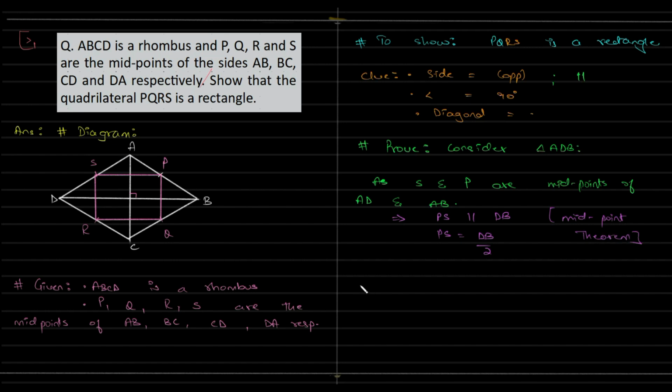So next we can tell, similarly consider triangle DBC, as R and Q are midpoints of CD and CB.